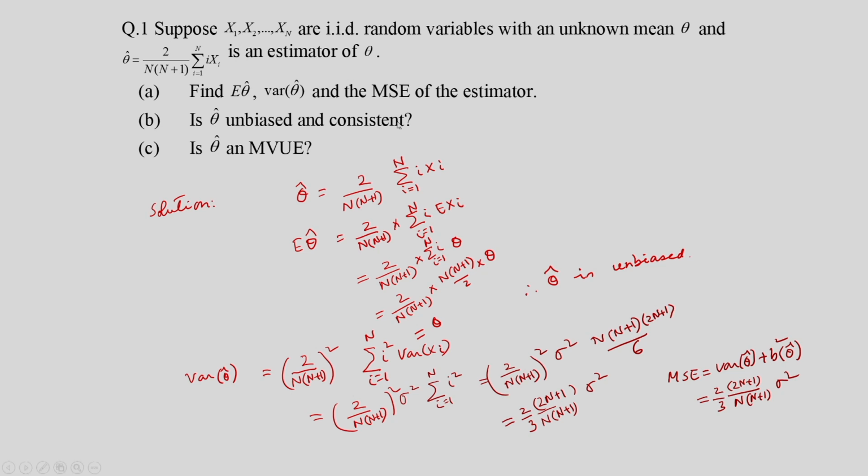Since it is an unbiased estimator, to prove consistency we have the variance of theta hat equal to 2/3 of (2n plus 1) divided by n into (n plus 1), into sigma square.